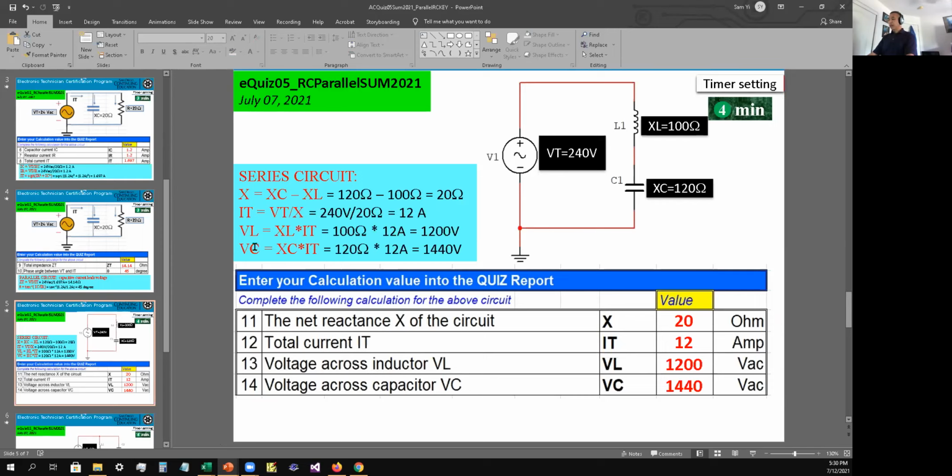Okay, and VC equals XC times I total, which equals 120 ohms times 12 amps. That's 1,440 volts. Okay, so like I said, X is 20 ohms, I total is 12 amps, VL equals 1200 VAC, and VC equals 1440 VAC.